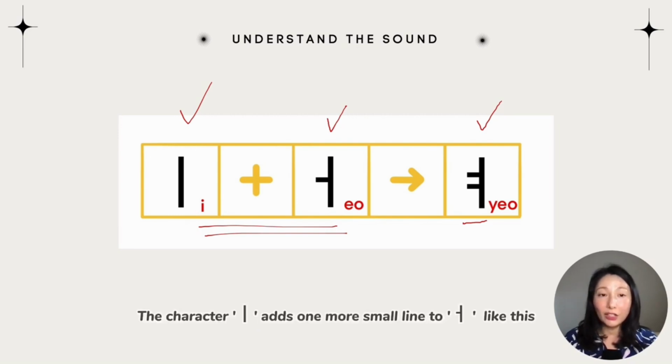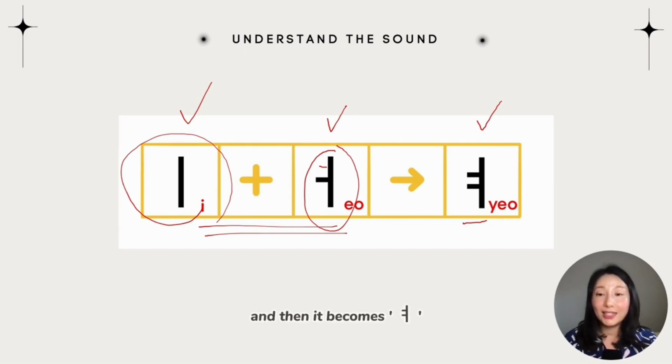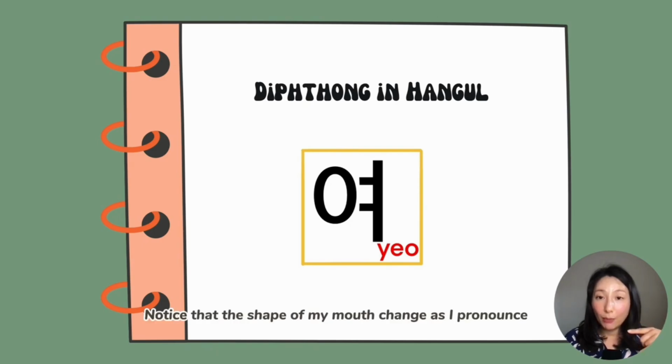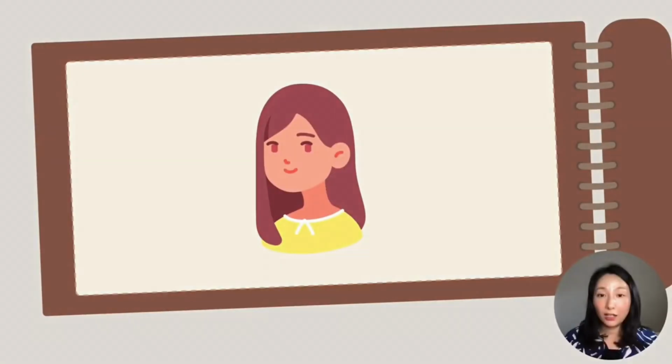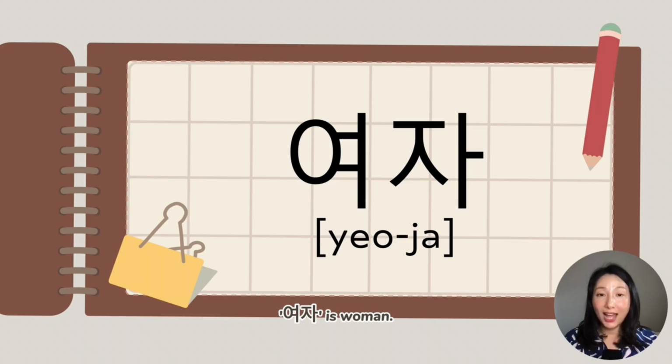The character E adds one more small line to A like this, and then it becomes ya. Notice that the shape of my mouth changes as I pronounce it. 여자. 여자 is woman.